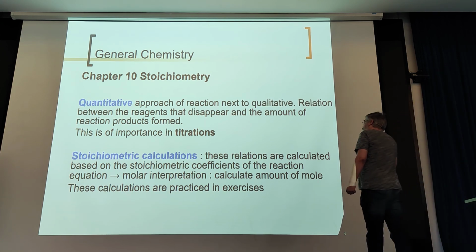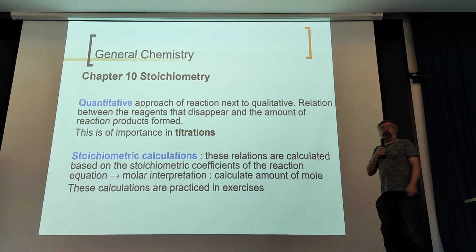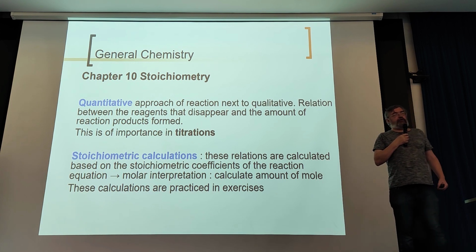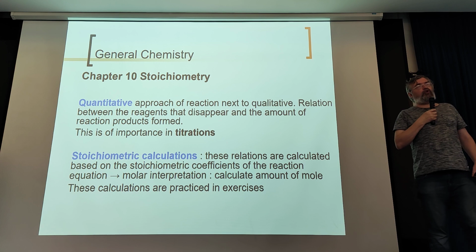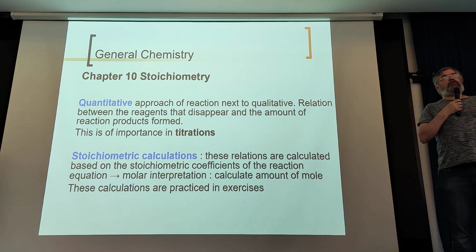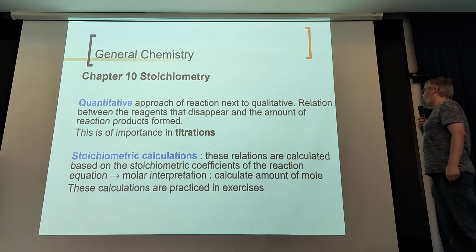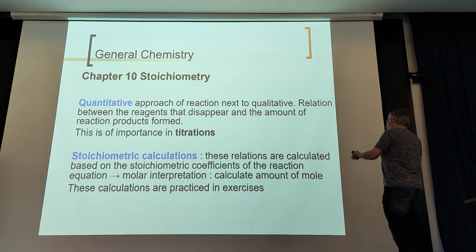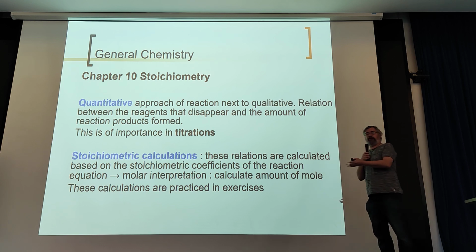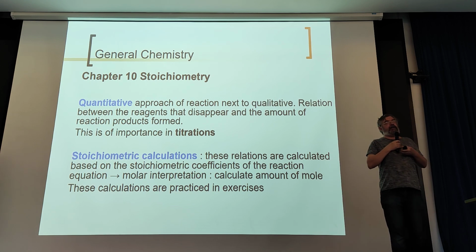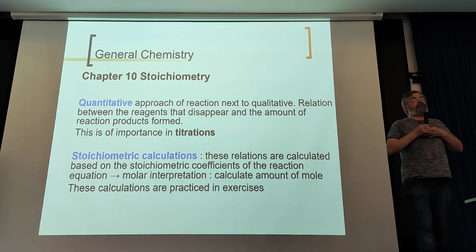So, what do we need for stoichiometric calculations? We need the reaction equation, we need the coefficients, so how much mole of each substance is reacting in the reaction equation. And from there we can do exercises that are based on this stoichiometry.